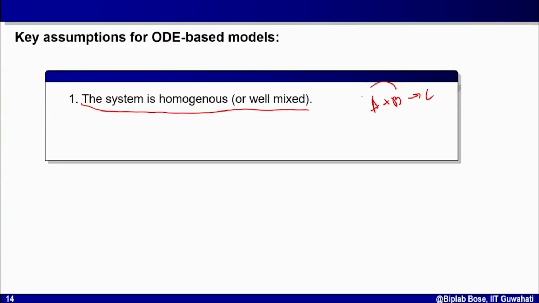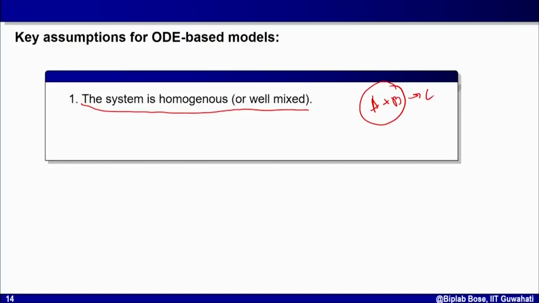So we have to make sure that A and B are very well mixed, so that I can imagine the concentration of A and the concentration of B are always the same across the whole flask. This is one basic requirement if you have to make an ODE based model, and you have to make sure that in reality that is true for your system.